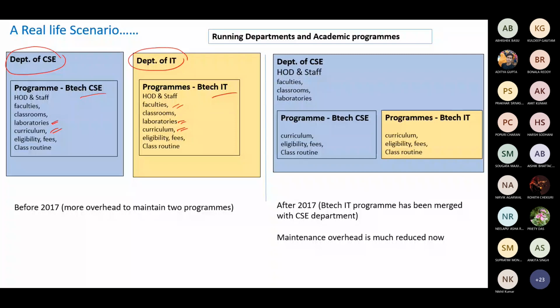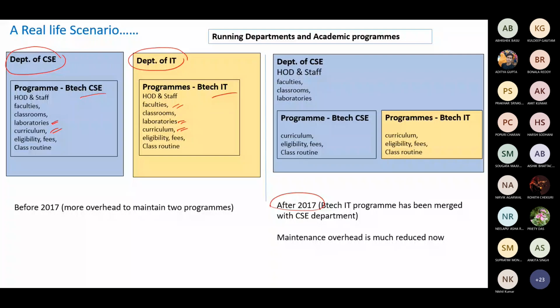So what happened after 2017? Noticing this huge overlap in the functioning, in the curriculum, in the content, in the laboratories, there was a proposal from the administration that these two departments should be merged.